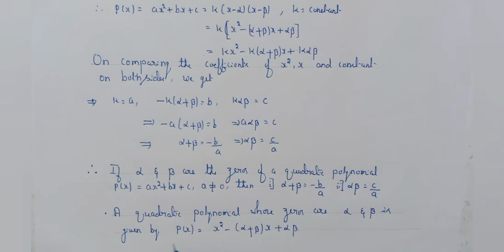And a quadratic polynomial whose zeros are alpha and beta is given by p(x) = x² − (alpha plus beta)x + alpha beta. It means x² minus the sum of the zeros into x plus the product of the zeros.